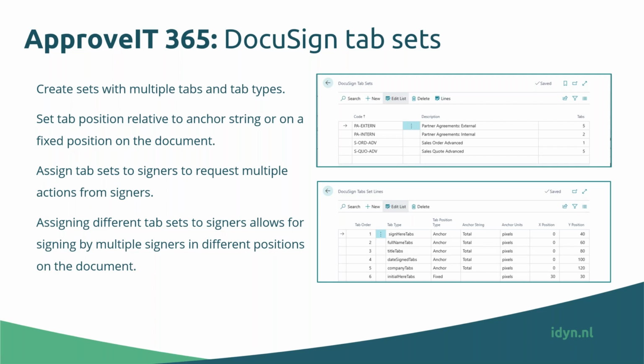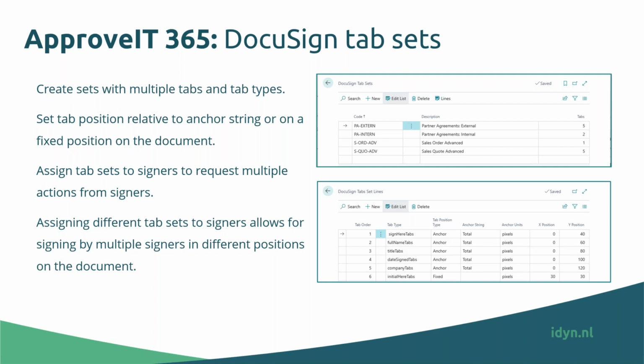Now, what we'll actually see in a moment, as you can see, we don't actually define over here on which page the tabs are set. Well, technically there is an option for that.